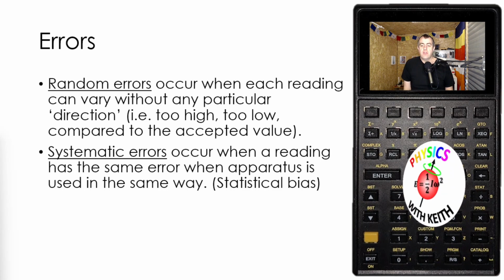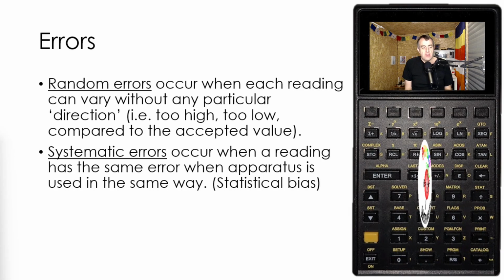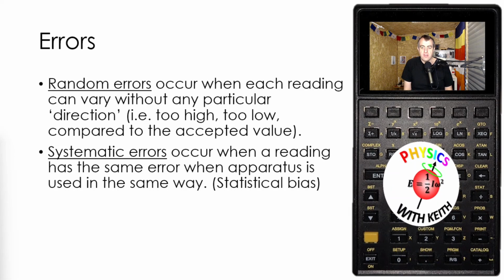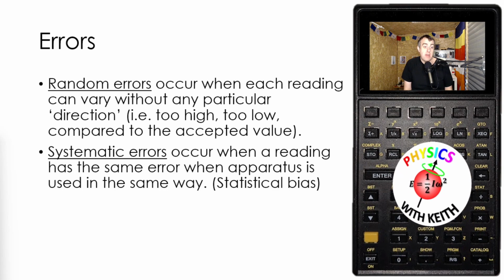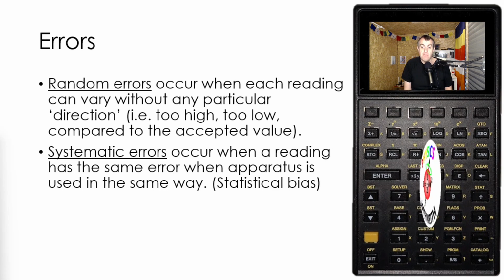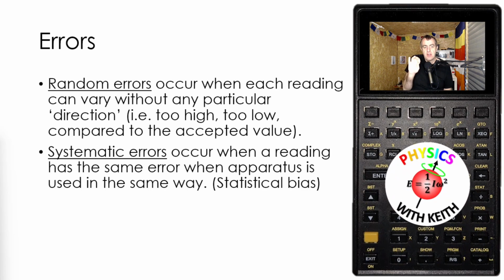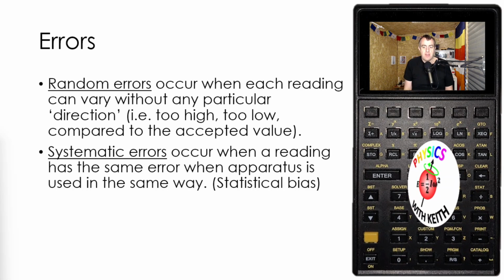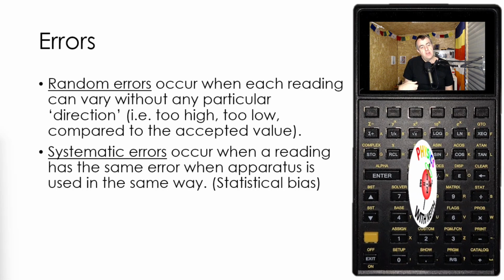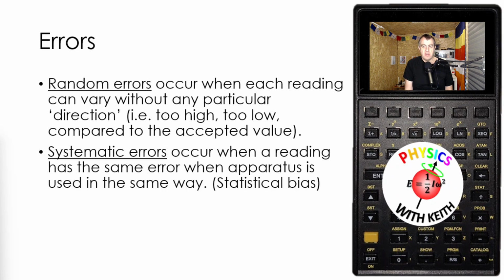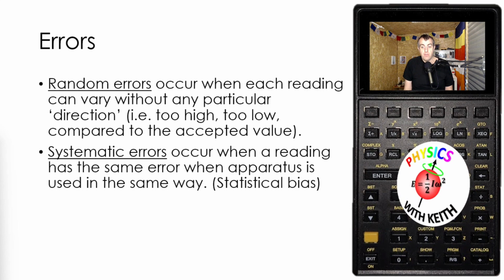Very, very tiny differences. Tolerance in your ability to cut things to the same length is going to give you random errors when you come to measure that length later. So there's no direction to it. Measurements can be slightly higher, slightly lower than whatever an accepted value would be.